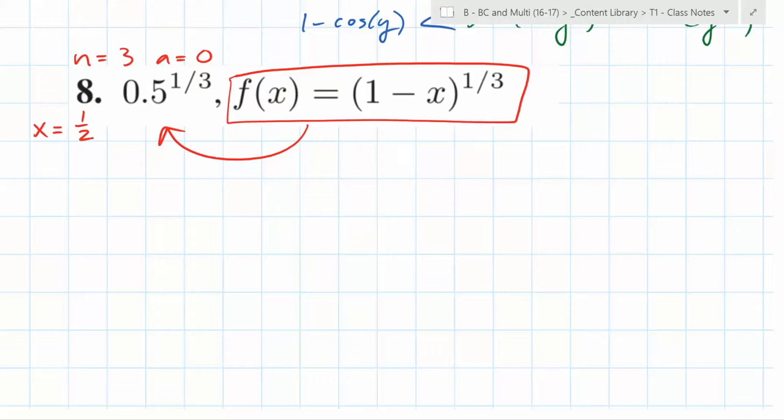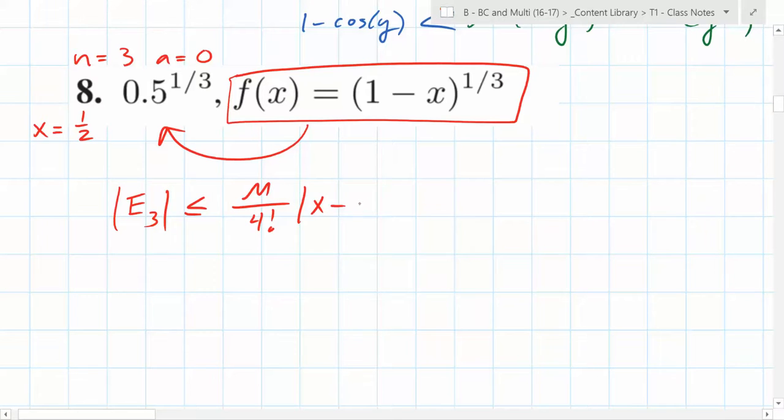So we're going to use that formula, right? The error, E3, is going to be less than or equal to M over what? Yeah, what is n? So 4 factorial, x minus what? 0 to the what power? To the 4. What value are we plugging in for x? So what do we have here? M over 4 factorial times 1/2 to the 4th.